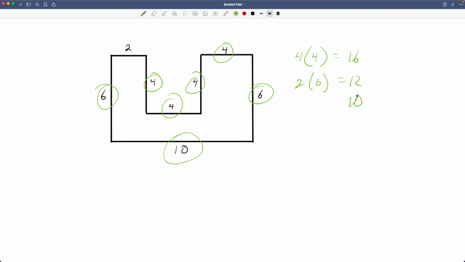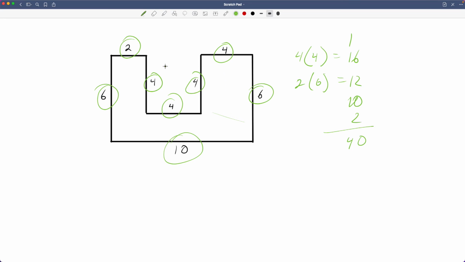Another thing that you can do is, in recognizing that this length plus this length and this length equals this length, is to know that the top and the bottom are going to be the same. So the top and the bottom are the same dimension. They're both 10. You don't even have to add them together. So that'd be 2 times 10 equals 20.